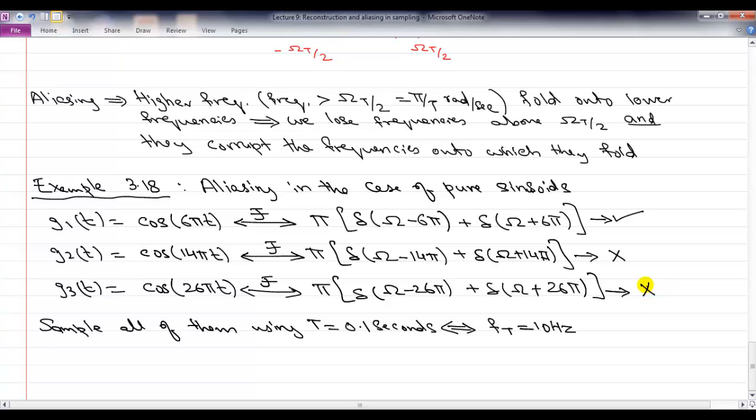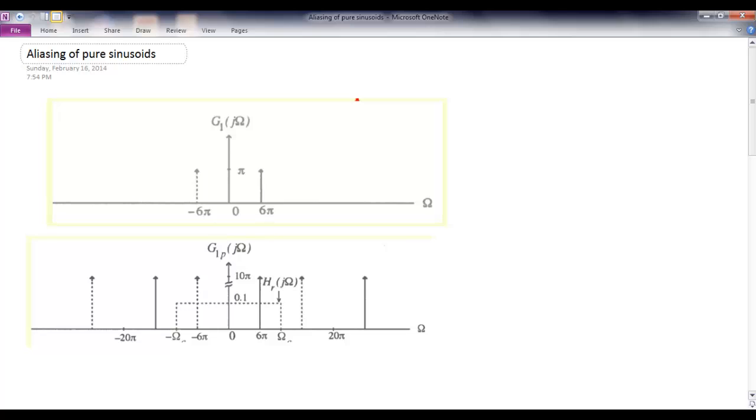So when you do the recovery, you will still recover a frequency, but the frequency you recover will be aliased; it will appear as a completely different frequency. Let's look at the first case. This is the Fourier transform of the original signal. This is the Fourier transform of the impulse-sampled signal, which is just multiple copies shifted at omega_s, minus omega_s, and so forth. And how do you do the reconstruction?